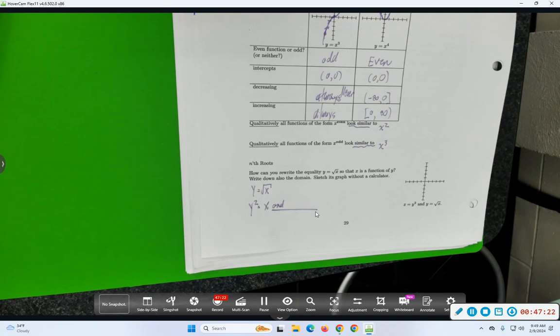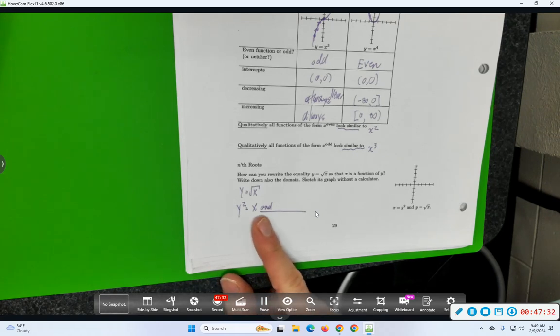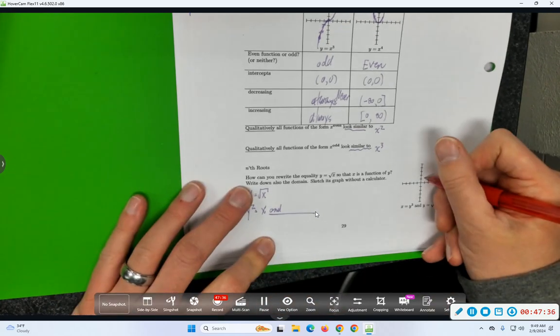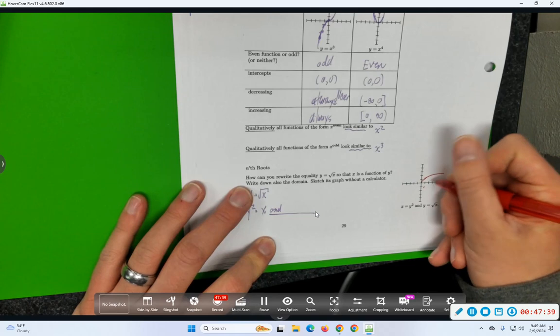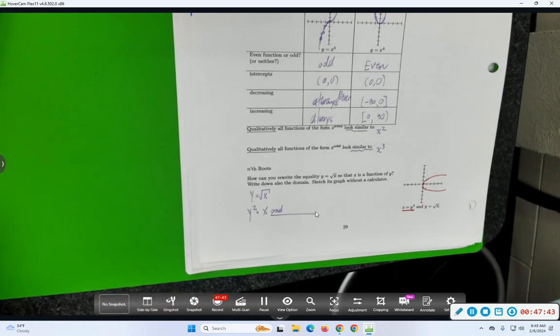So let's use that to graph. That means the same thing as x equals y squared, but the x's and y's are just swapped. So let's sketch the graph of y equals x squared, but then we'll just swap the x and y values. There's the graph of x equals y squared.